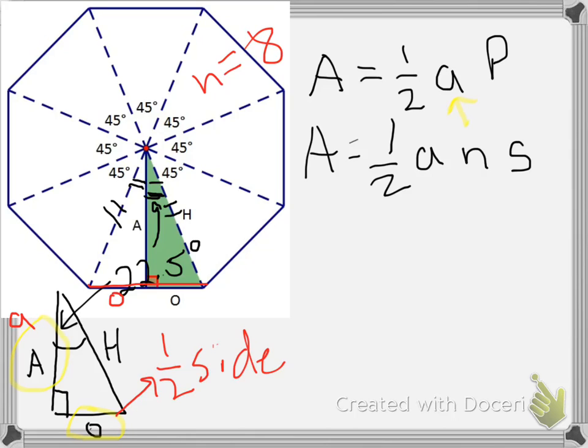And when we get O, we'll have half a side, so we can multiply by 2. And when we get A, we'll be in good shape.